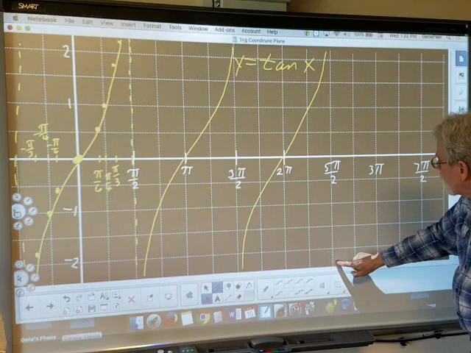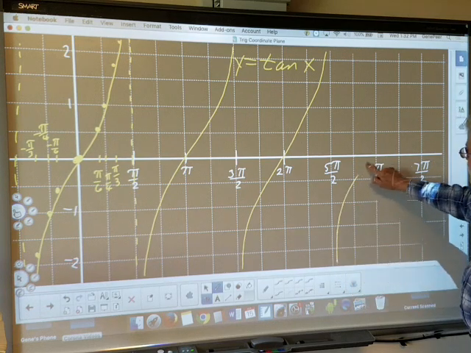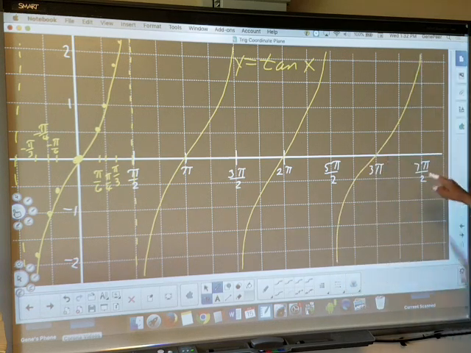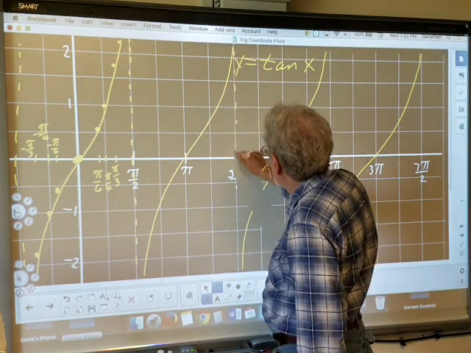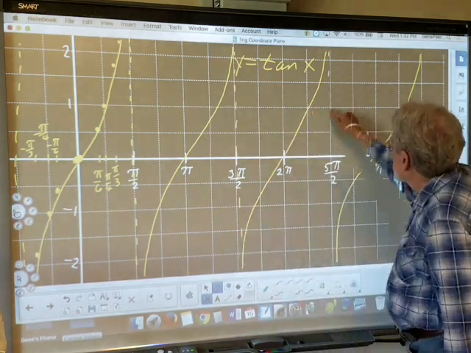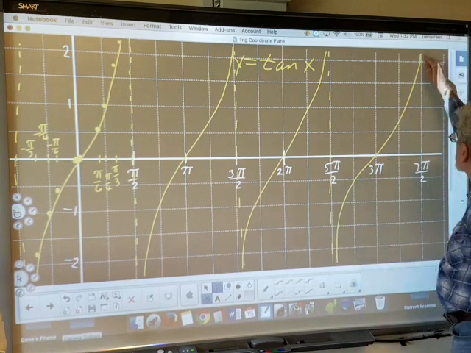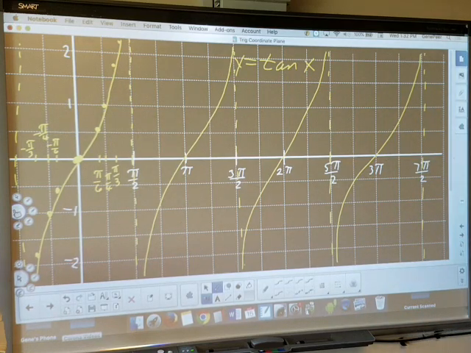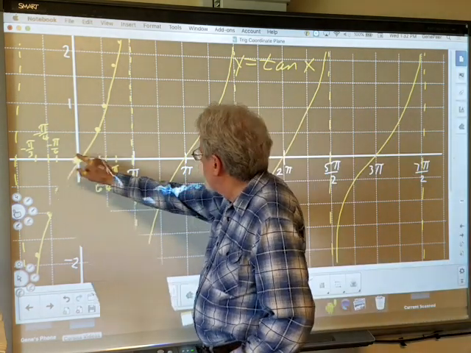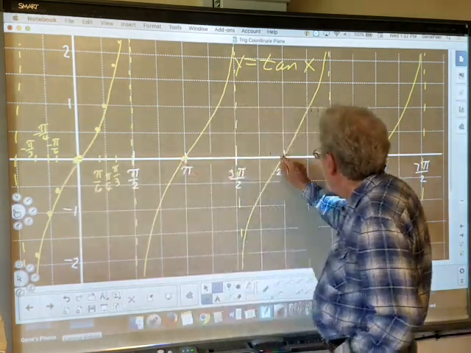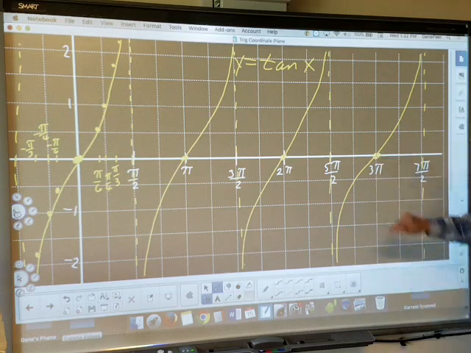And then it flips again, starts down here, heads toward 3 pi and up toward 7 pi over 2. And we have all these neat asymptotes here and here and here. Notice it passes through the x-axis at 0, at 1 pi, at 2 pi, at 3 pi, guess where else? At 4 pi, 5 pi, 6 pi.